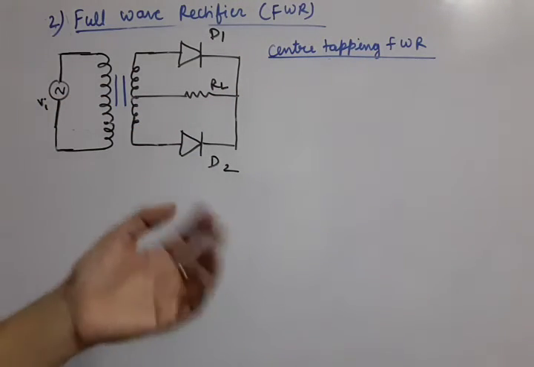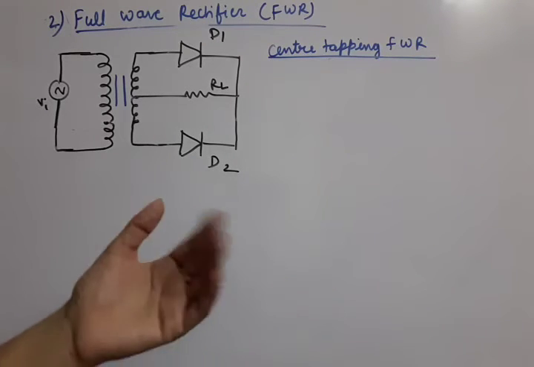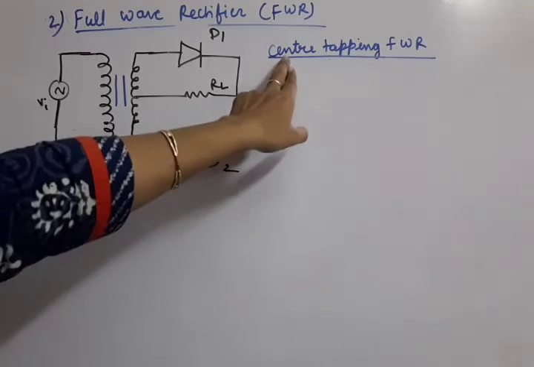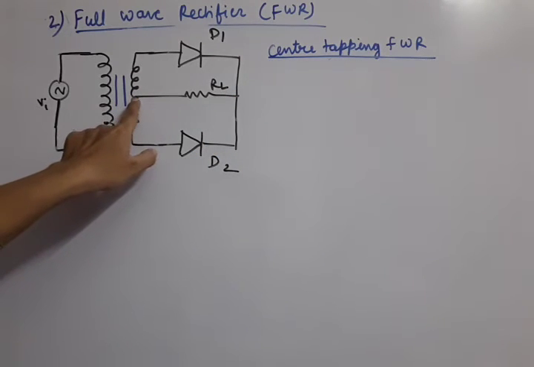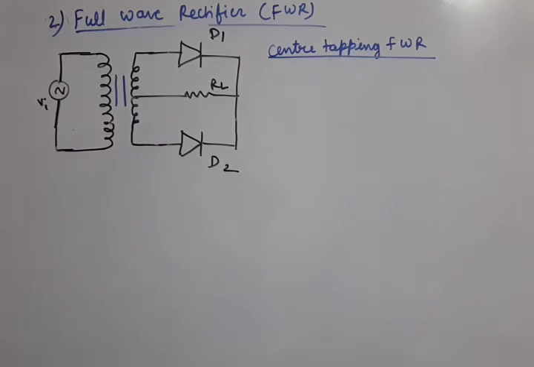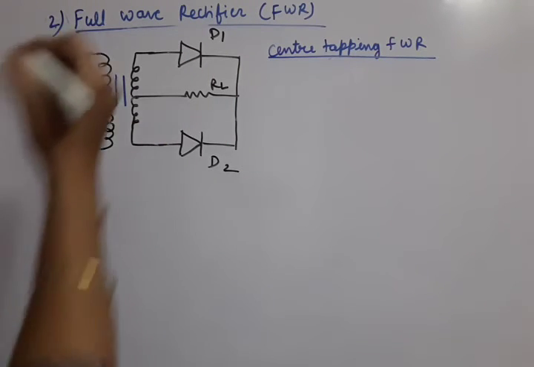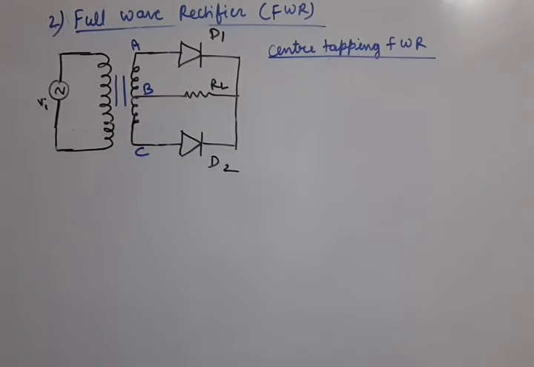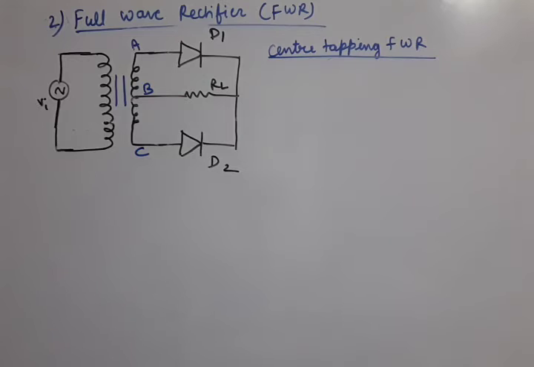There can be many full wave rectifiers which may use 4 diodes or 2 diodes. The one which is in our syllabus is the center tapping full wave rectifier, that means with the secondary coil, we need to connect the load resistance at the midpoint. This way the circuit is divided into two parts. We can call these A, B, C, where the AB part of the coil and the BC part of the coil are similar, equal.